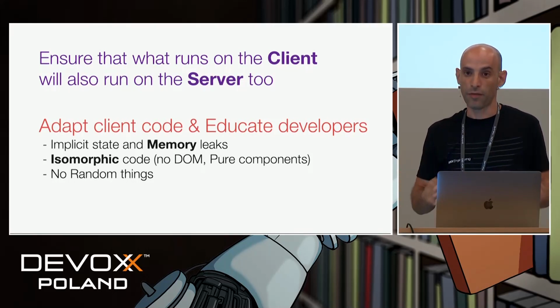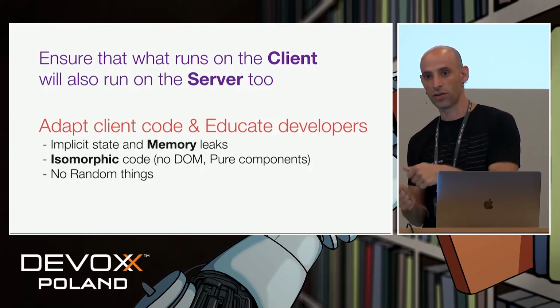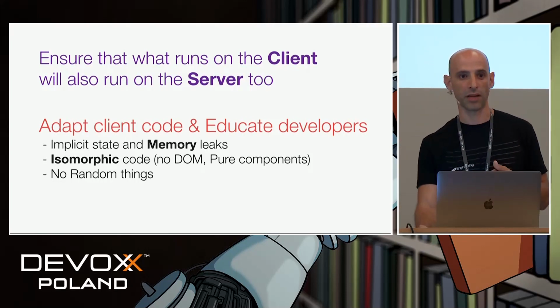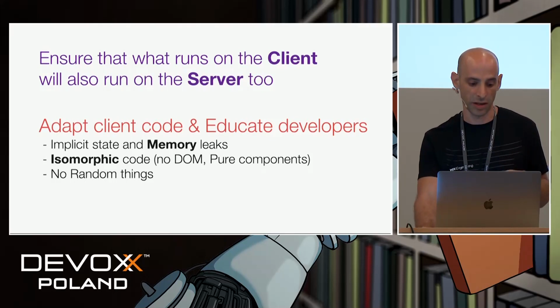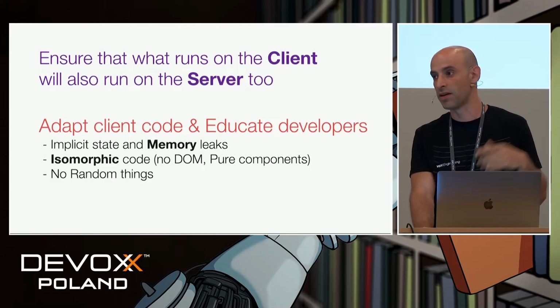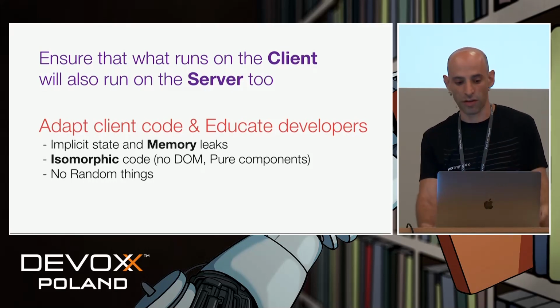So if we are randomizing or taking timestamps or anything on the server, we have to store it and deliver it back to the client. When the client needs that value, it won't randomize a new one. By the way, this was improved with React 16, which had a hydrate option that allows better flexibility with those kinds of things.